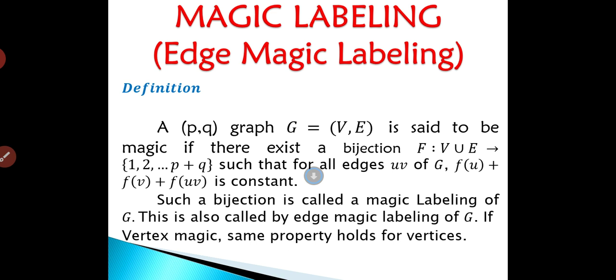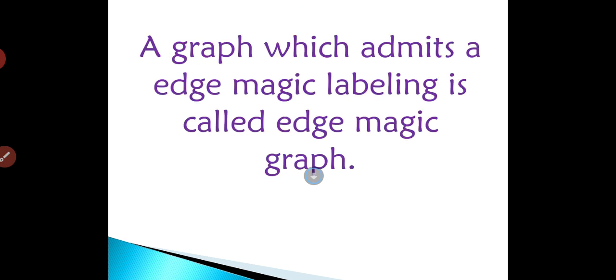Also, the H magic labeling condition is f(u) plus f(v) plus f(uv) is constant. If a graph satisfies the H magic labeling condition, then it is called an H magic graph.